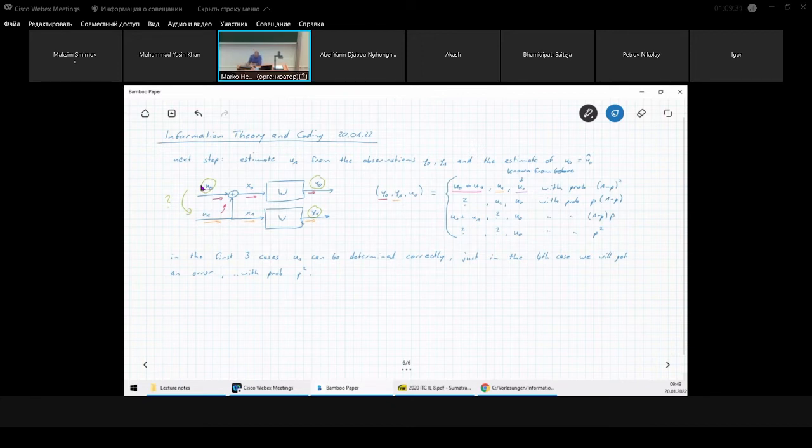Okay, so we will model this as a binary symmetric erasure channel with erasure probability p square. So we call this the W minus channel, W plus.